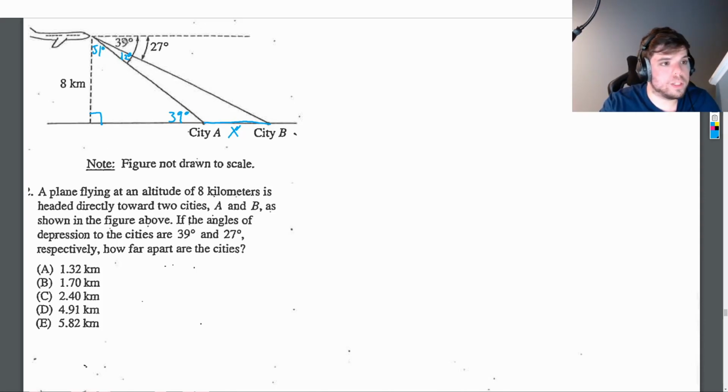Or you can also consider the alternate interior angles there. Since this is 39, the total sum on this line has to be 180 degrees, which means this is 141 degrees. Which means that we know this angle.